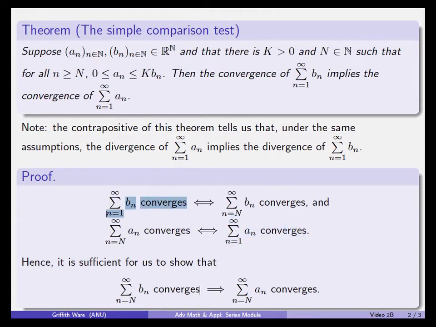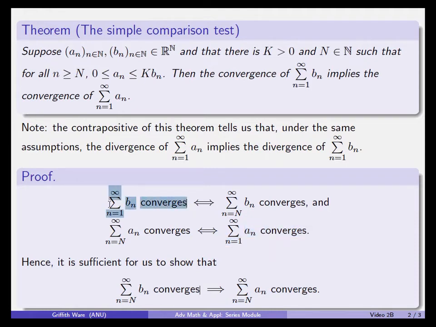We know that this converging implies this converging, and if we could show that that converging implied that the tail of the series AN converges, then we would also know that this implies this, and hence putting it all together, this implies this, which implies this, which implies this.